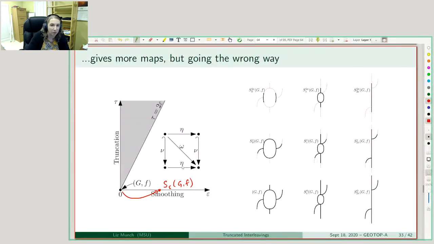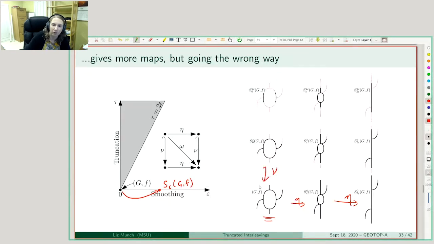I get an eta that works for all of these options. So in my particular picture, these Reeb graphs are the smooth truncated options for my Reeb graph for a bunch of different choices of parameters lined up in the same way. So I have eta maps that go this way. On the other hand, I have inclusion maps that go in the opposite direction.